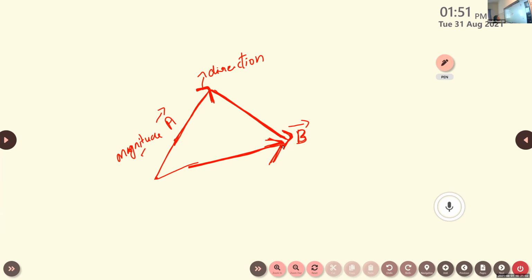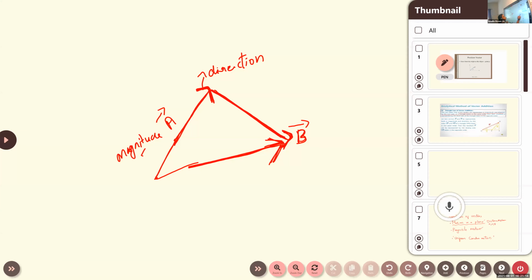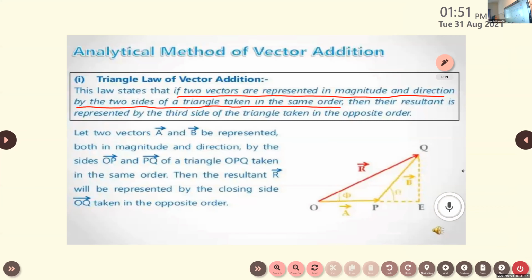Since both vector A and vector B follow the tail to head arrangement, we call them the same order. According to the triangle law, if two vectors are represented in magnitude and direction by two sides of a triangle taken in the same order, then their resultant is represented by the third side of the triangle taken in opposite order.